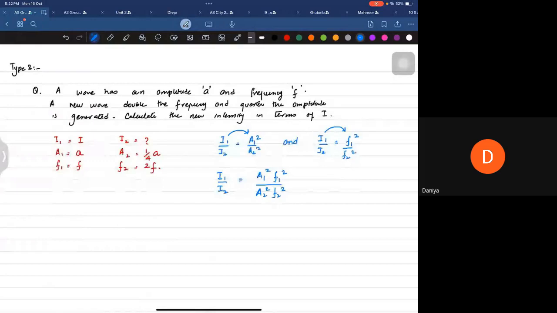So now let's put in the values that we already have. What do we have? I1 is supposed to be I. I2 is what we need to find.